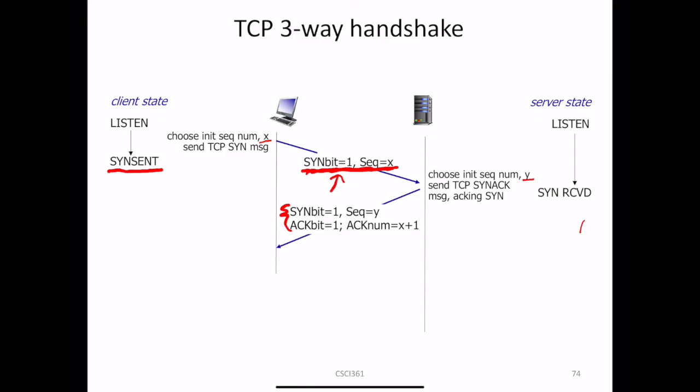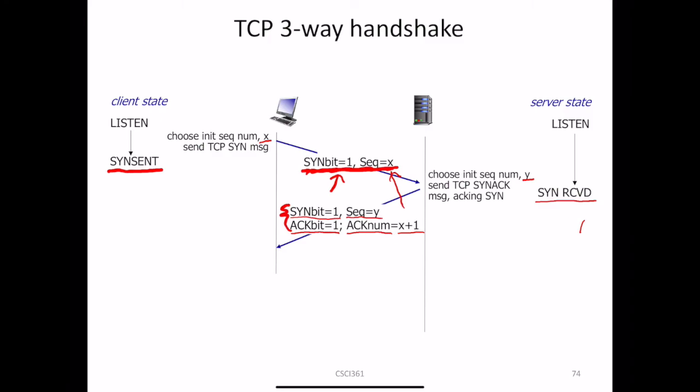This message will set the SYN bit to 1 with the sequence number Y, and also set the ACK field to 1, and this ACK number will be the sequence number plus 1, which is the next sequence number from the client side. Then the server state will change to SYN received state.